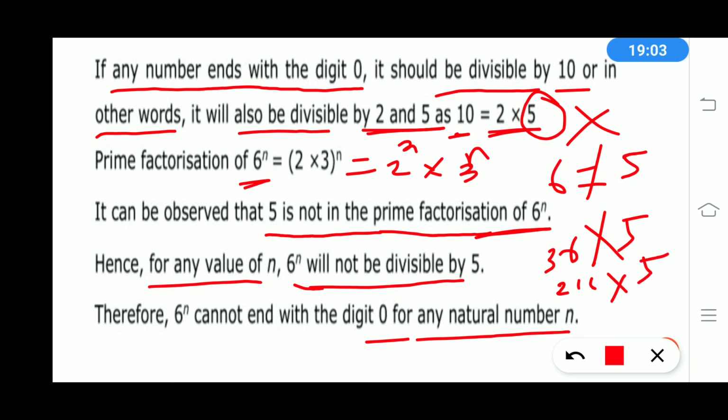If n equals 4, then 6 to the power 4 is 1296, again not divisible by 5. So 6 to the power n cannot end with the digit 0 for any natural number n.